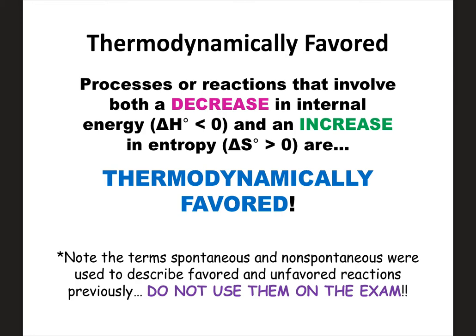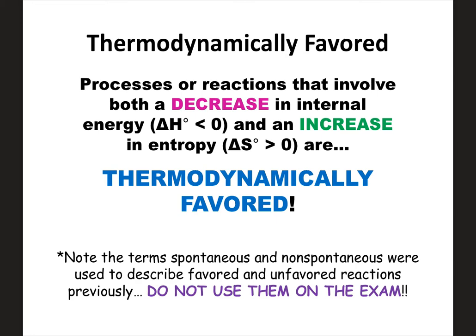You would have to say that a reaction is thermodynamically favored because it has a negative delta H and a positive delta S here. All right, you need to understand this idea. You need to use the terminology. Don't think you won't see the words spontaneous or non-spontaneous anymore, especially on older AP questions. You will definitely see them used. You just got to get used to using thermodynamically favored and thermodynamically unfavored.